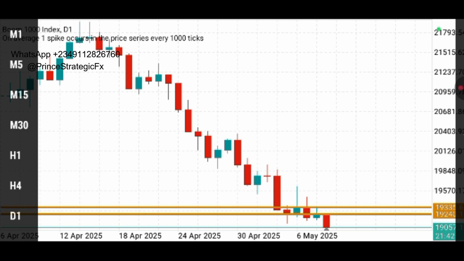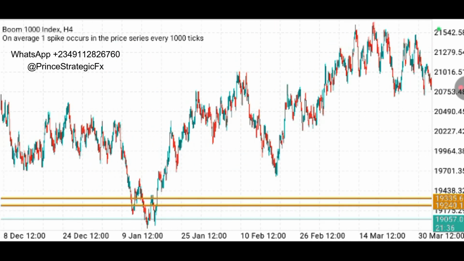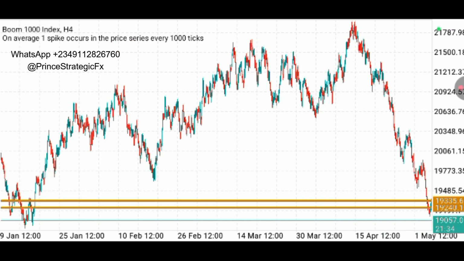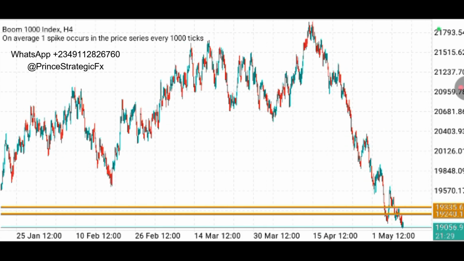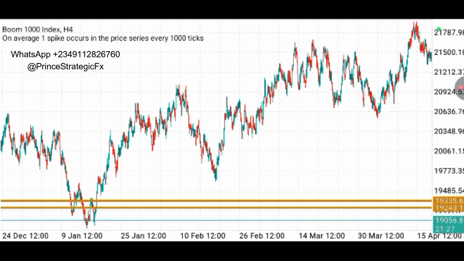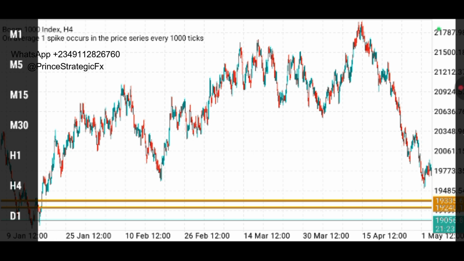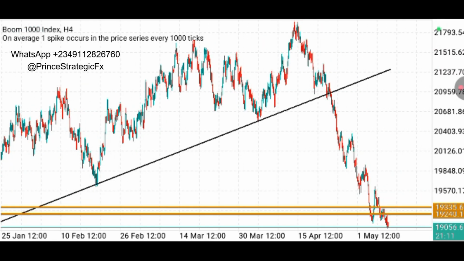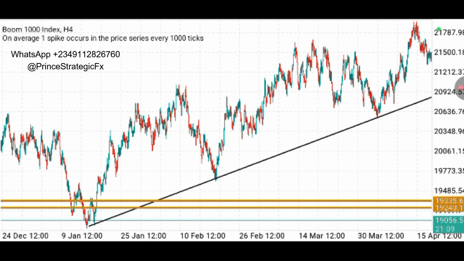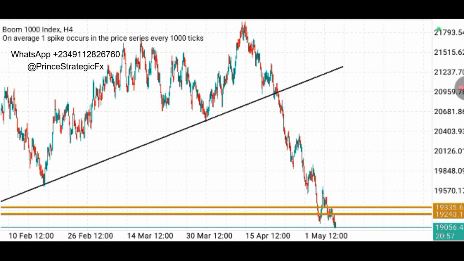As soon as we've done this, we head over to H4, squeeze in our chart to understand exactly what the market is doing. From what I am seeing here, this is on a major downtrend, because if I draw a trend line from here, you can see all the points I picked out before this drop.